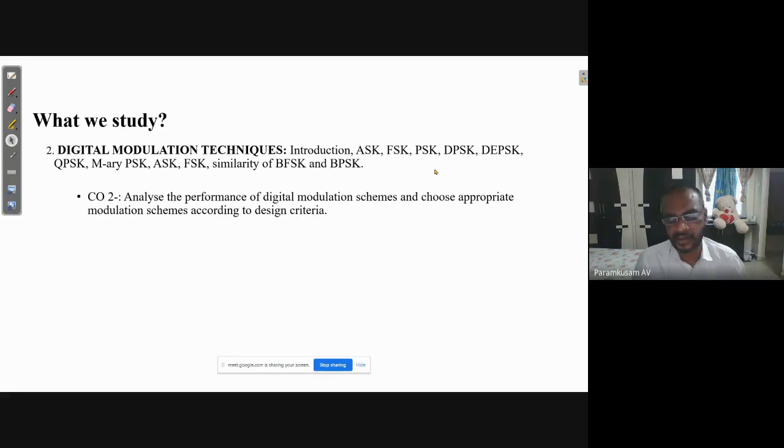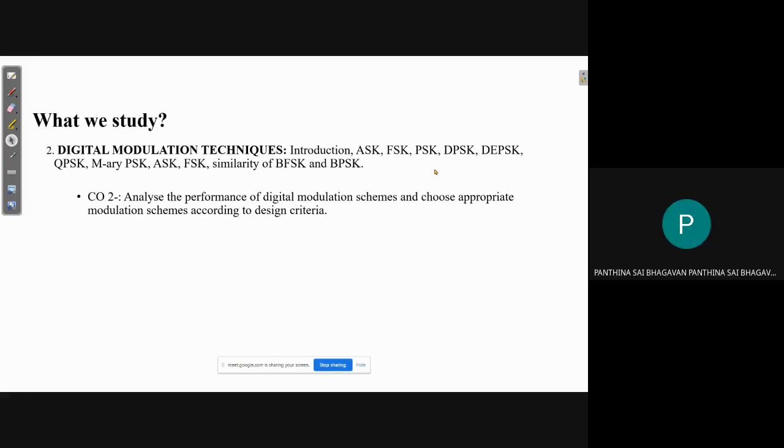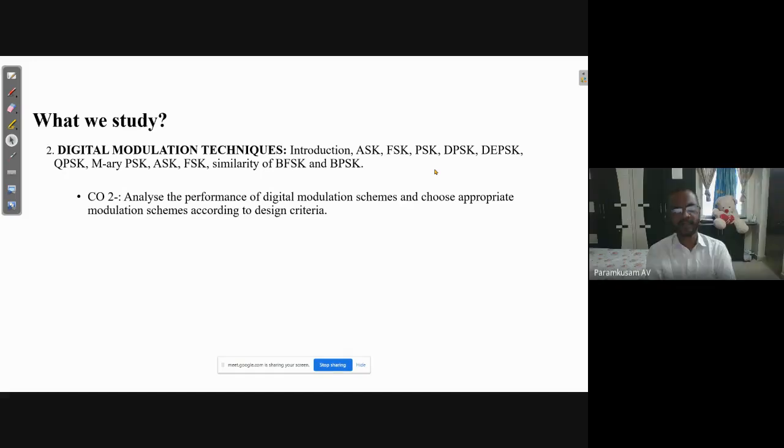So you will analyze the performance of digital modulation schemes. What are the digital modulation schemes? Amplitude shift keying, phase shift keying, frequency shift keying. Yeah, very good. ASK, FSK, PSK.